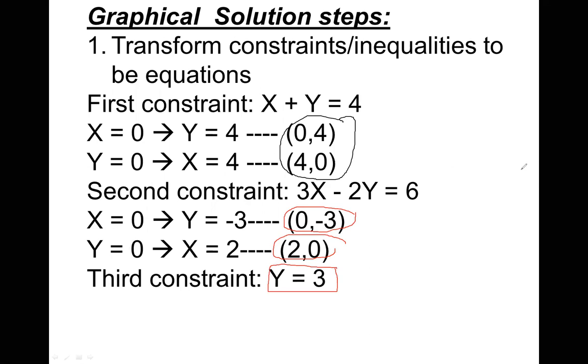Step 2, in the same way, I need to plot these lines and find the corner points of the solution area. Before solving, the maximum value for x is 4, from 0 to 4, and the maximum value for y is 4, from negative 3 to 4. So the graph needs a minimum value for x of 0 and a minimum value for y of negative 3.